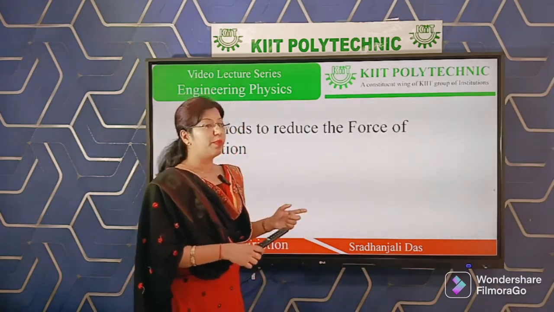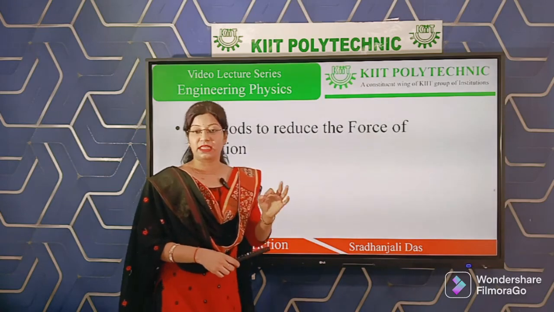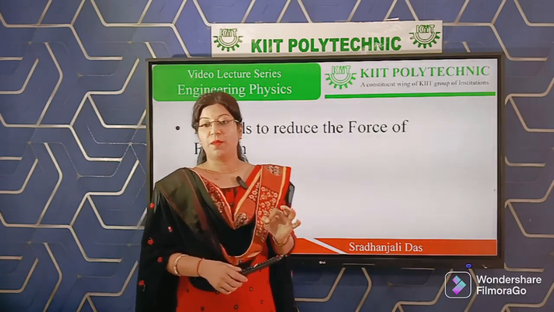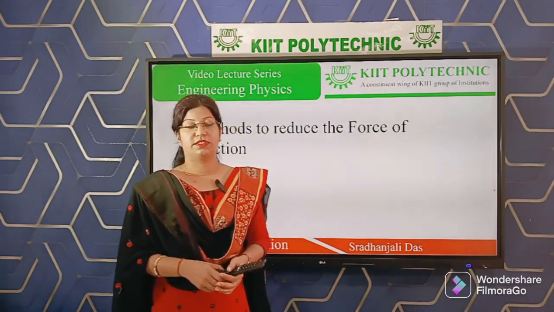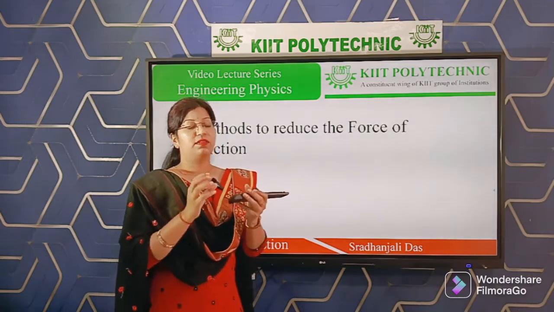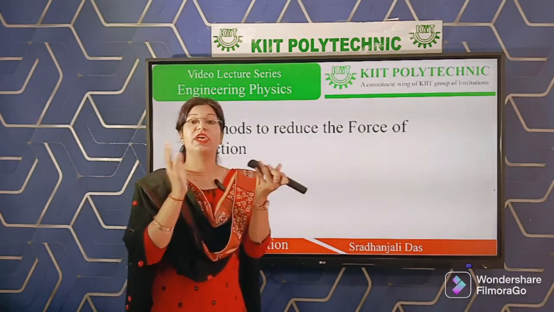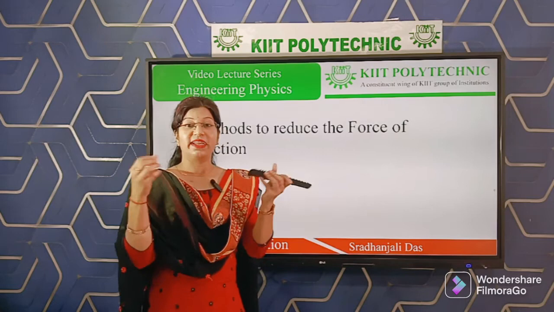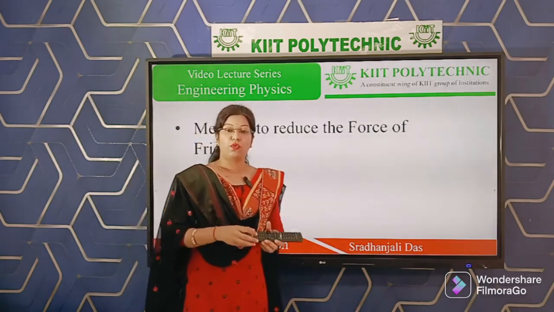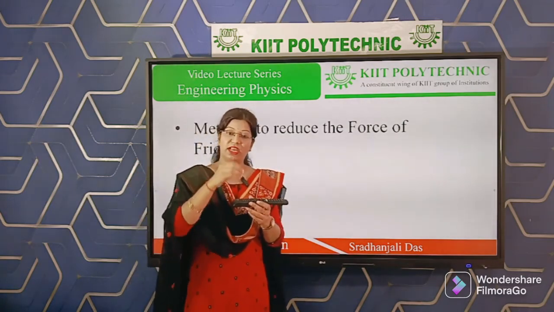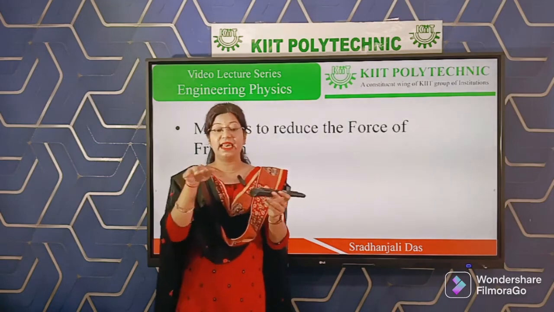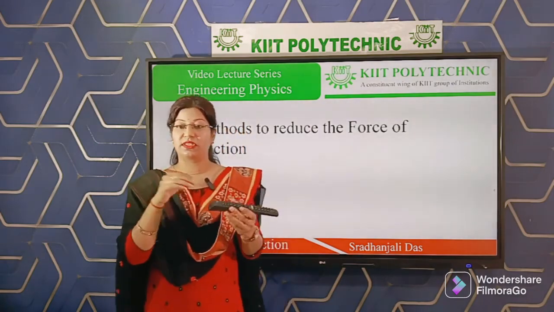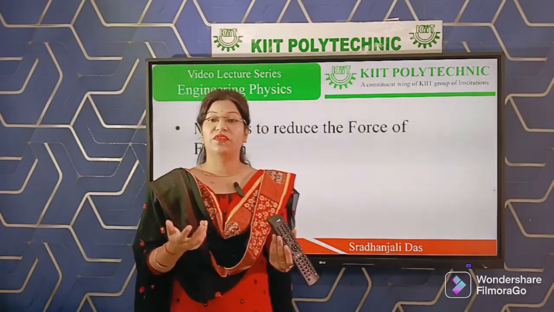Then using lubricants, oil or grease, is the finest method to reduce the force of friction. Actually, on the two surfaces there are some irregularities or interlockings present. When we apply some oil or grease, a thin layer of oil spreads over the surfaces, which reduces the force of friction.